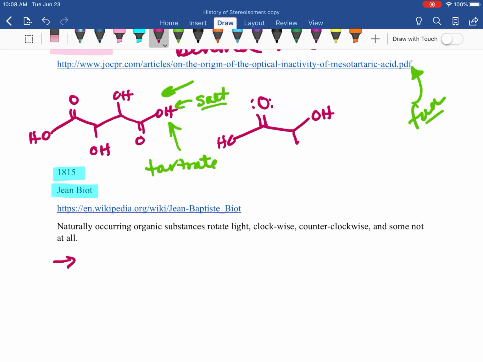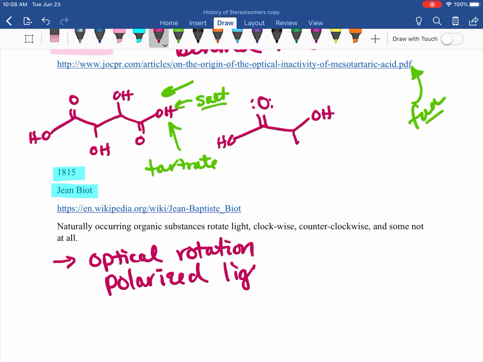And he looked at several crystals, and he discovered something called optical rotation and polarized light.